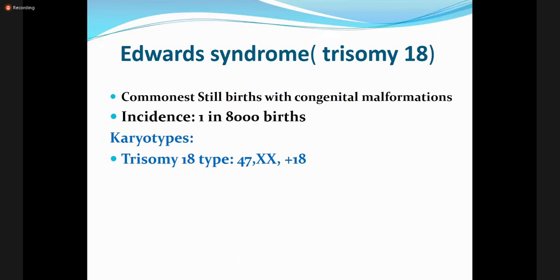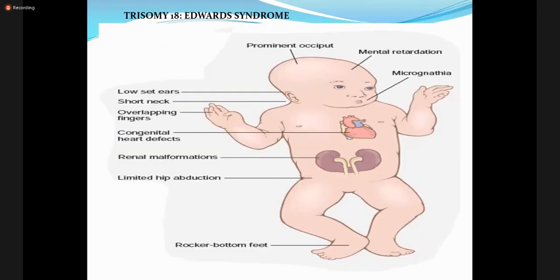Similarly, Edwards syndrome is trisomy 18, and these are the features of Edwards syndrome. You can take a picture, you can get it from your book, and for pathology you don't need to remember these features, but for clinical application or identifying the patient, you need to know them: there would be mental retardation, prominent occiput, micrognathia, and overall features like renal malformations and rocker bottom feet.